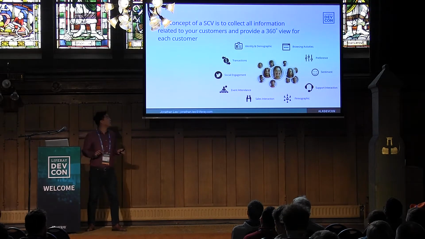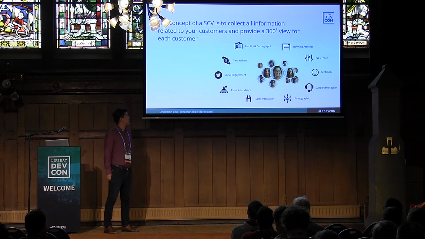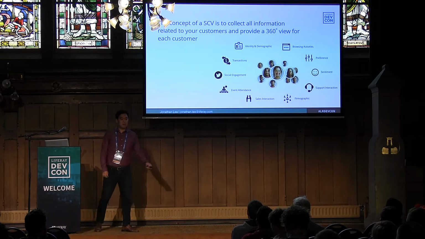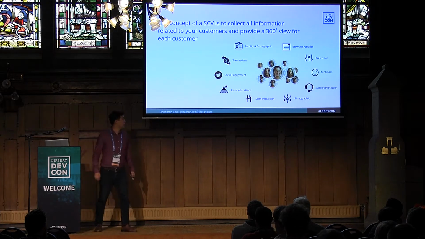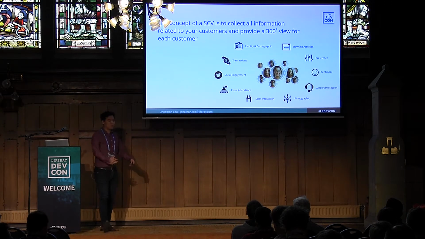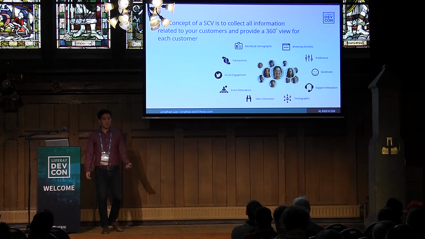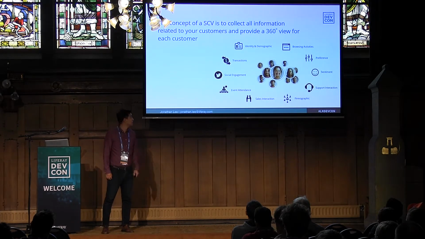So there are a lot of types of data out there in the digital world, right? For example, there's identity and demographic data. You can collect these data either through web forms or through online registrations. And also there's browsing activities and behaviors. These data are being collected through maybe Google Analytics.